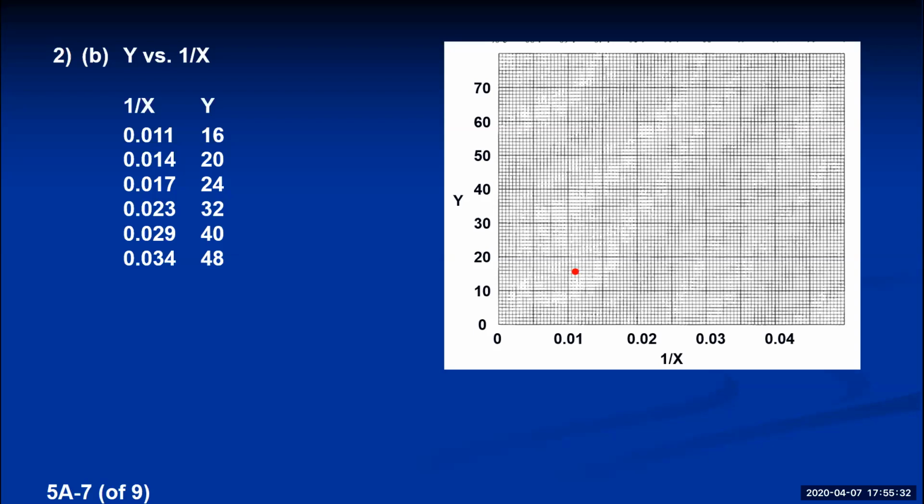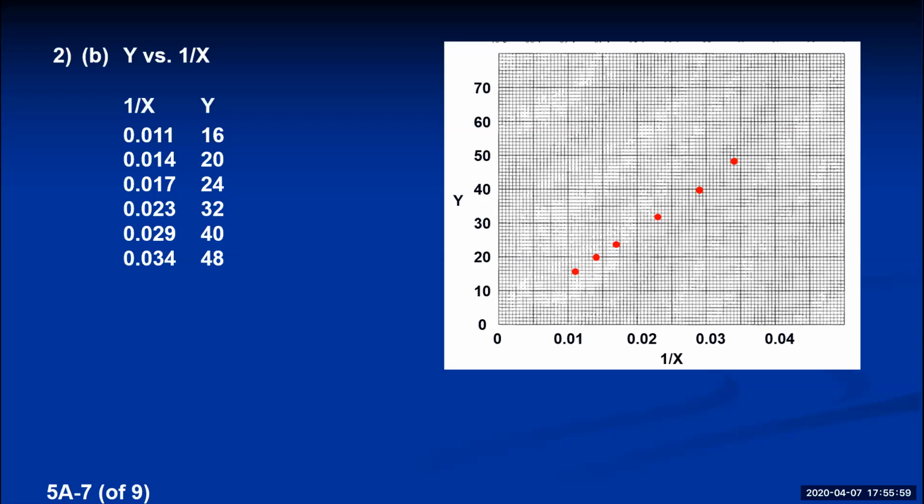So the first one is 0.011, 16, 0.014, 20, 0.017, 24, 0.023, 32, 0.029, 40, and 0.034, 48. So by taking the reciprocal of one of the two variables, you can see that a hyperbolic graph of two variables can be made to be graphed linearly just by taking the reciprocal of one of the variables.